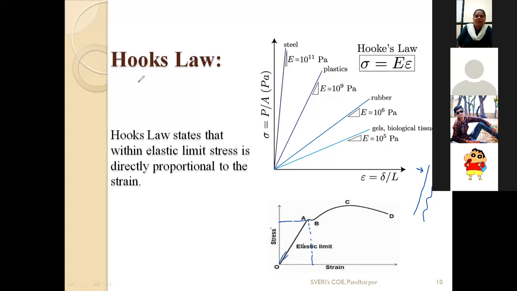Stress is denoted by sigma. Stress is directly proportional to strain. Now I have to remove this directly proportional sign, and at that time one constant will be there. So stress is equal to E into epsilon, and E is equal to stress upon epsilon. Here, what does E mean? Anyone please?